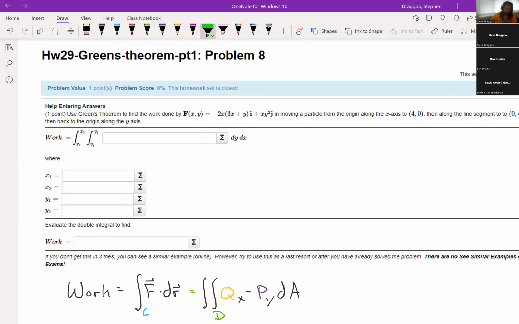So, highlight a couple of things here. It says use Green's theorem to evaluate the work done. So, if we go to our formula for work, this one, if you've taken a physics course before, will feel a lot more familiar or comfortable from that perspective than necessarily from a purely calculus perspective.